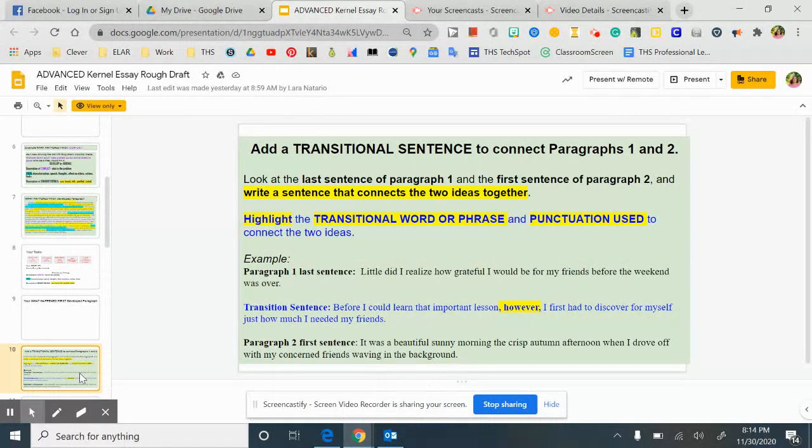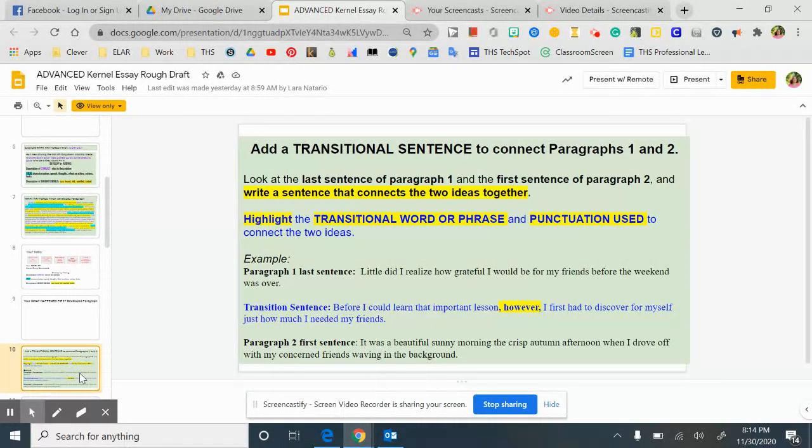Okay, so that transition sentence in blue, with the highlighted transition word and the punctuation, connects the last sentence of paragraph one and the first sentence of paragraph two. It connects the two ideas together.